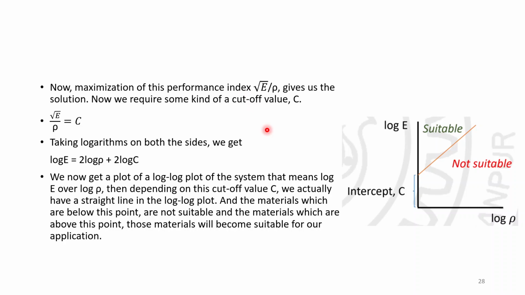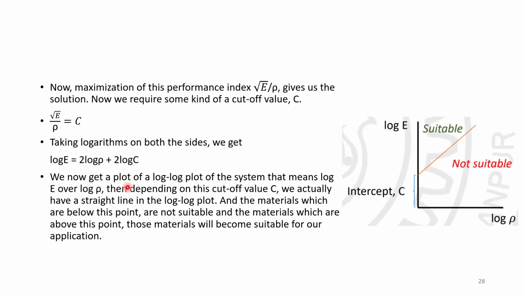Now we require some kind of a cutoff value C. So root E upon rho will be equal to C, and taking logarithm on both the sides, we get log E equals 2 log rho plus 2 log C.